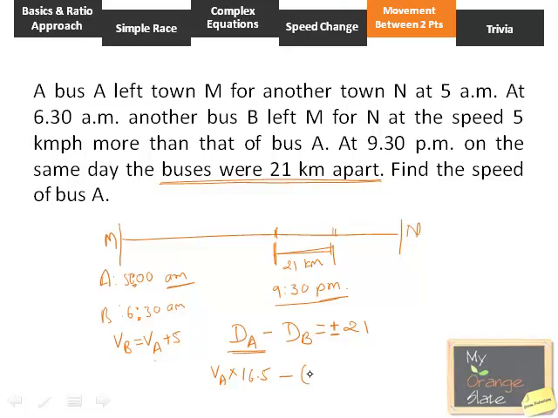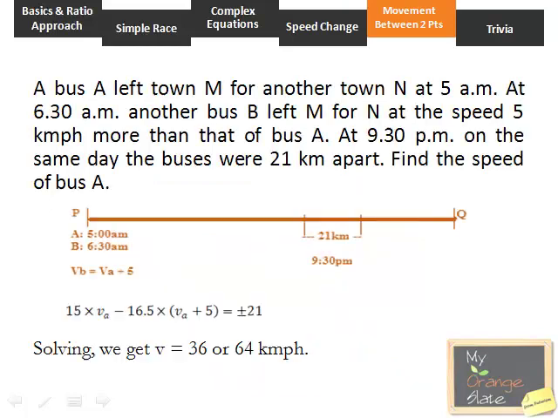Minus VA plus 5 into 15 hours, and this should be equal to plus or minus 21. Resolving this, we get two answers for VA. That is 36 or 64 kilometers per hour.